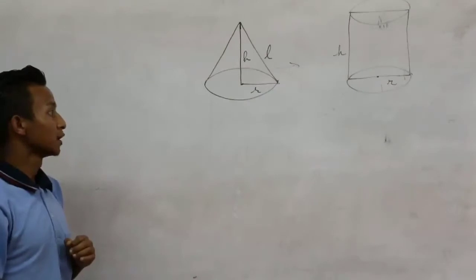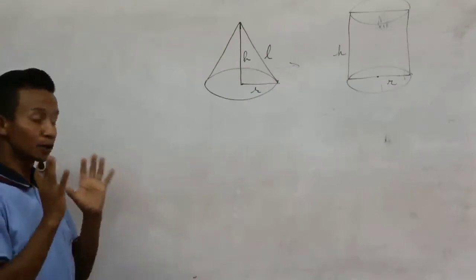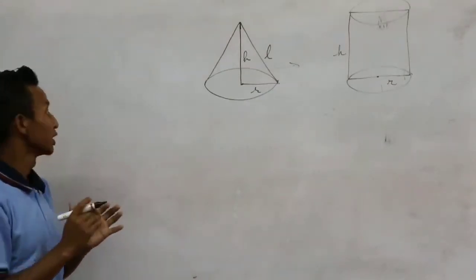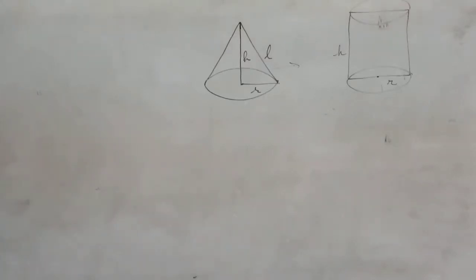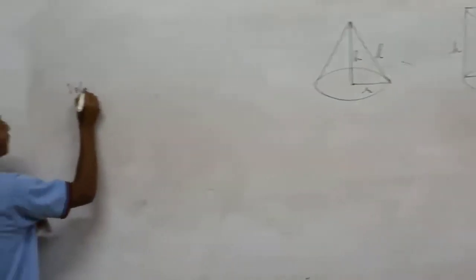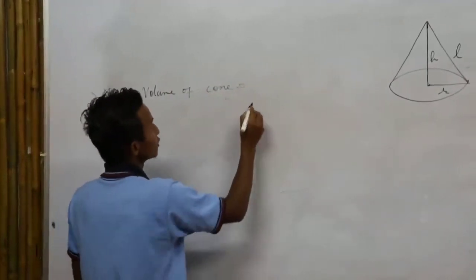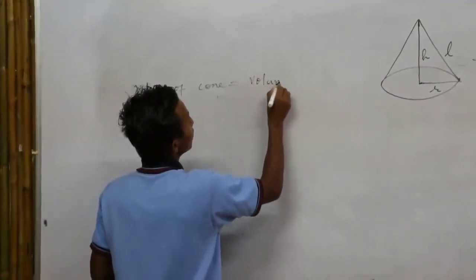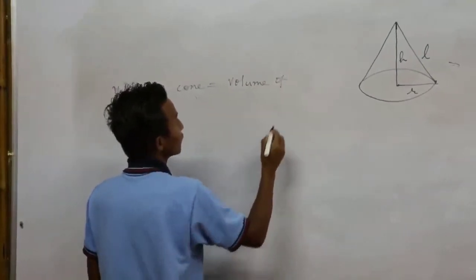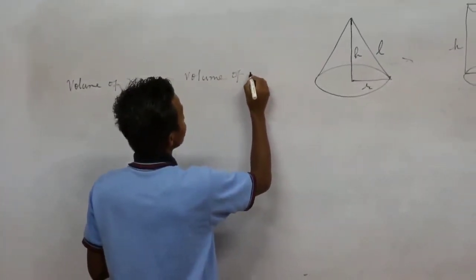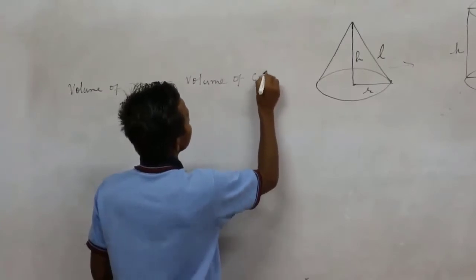So to find the volume, I will do an activity. We might expect that volume of cone is equal to volume of cylinder.